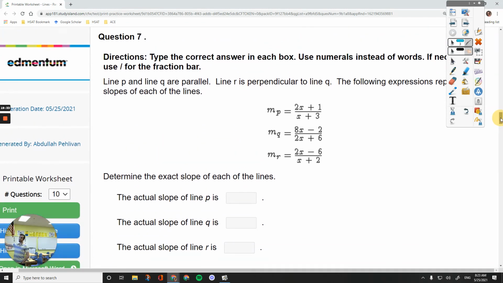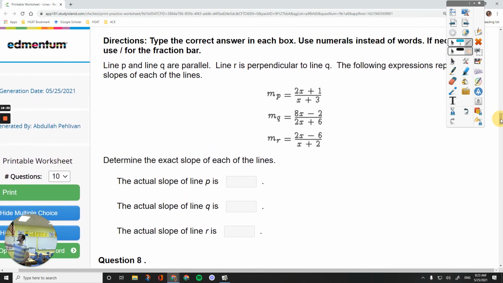Okay, let's do this one here. This is going to be the last question for the day. Okay, determine the exact slope of each of the lines. Lines P and Q are parallel.